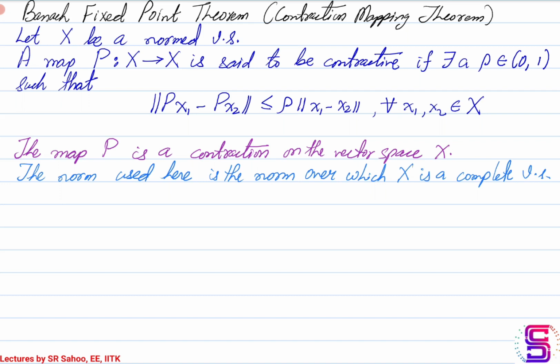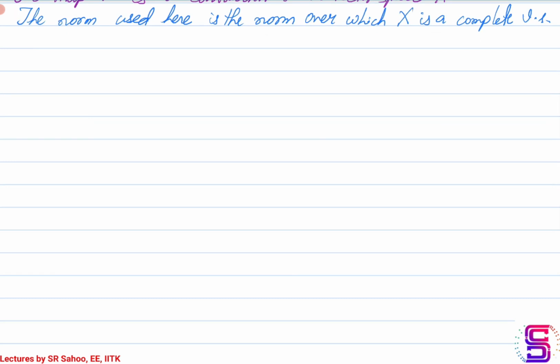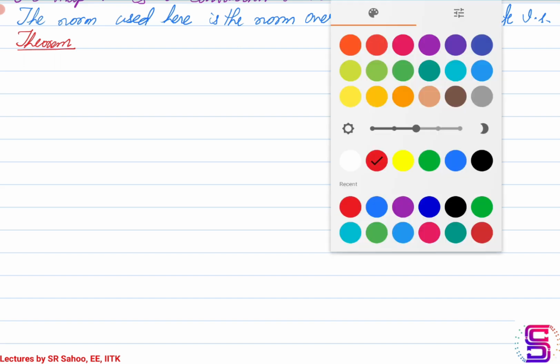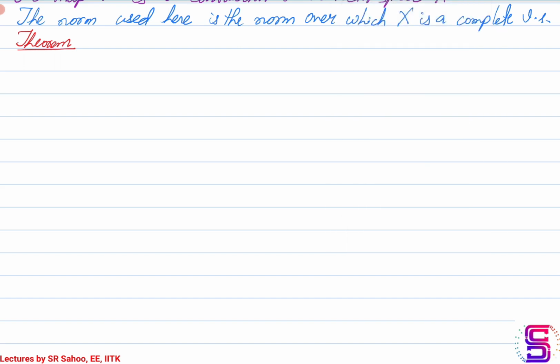Now with this notion, we'll move ahead and see what exactly the Banach fixed point theorem, or the contraction mapping theorem, states. Let X be a Banach space, which means X is a normed vector space which is complete.